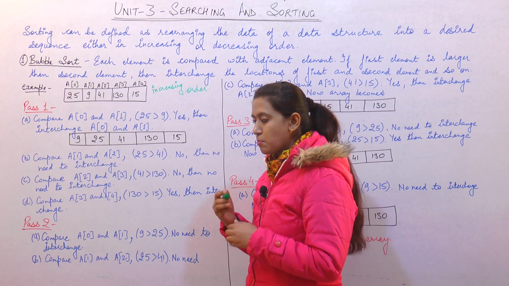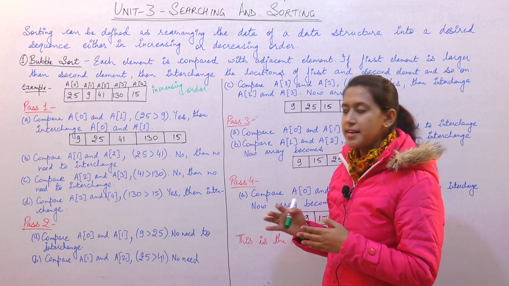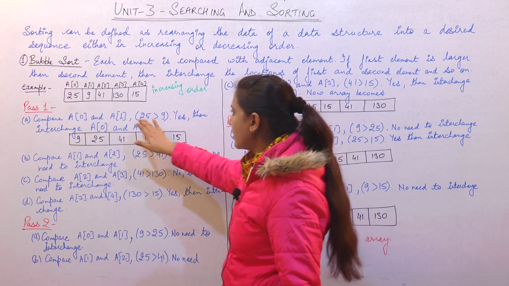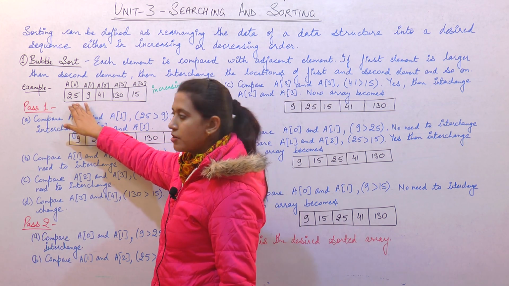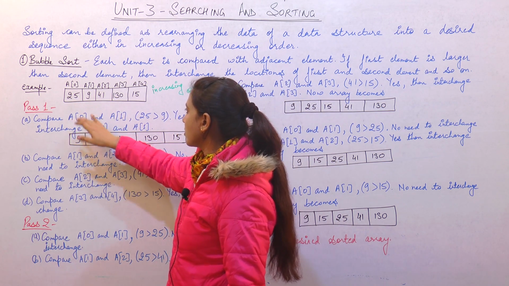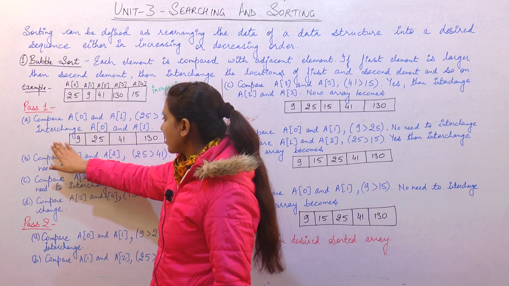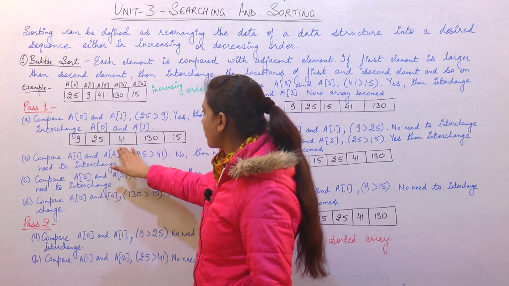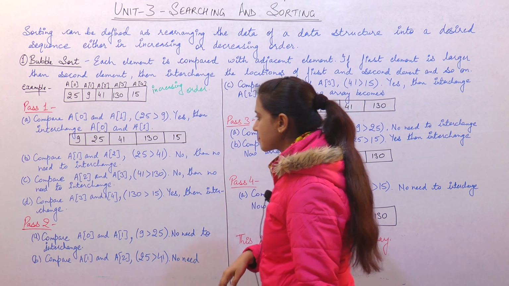That means the smaller value will come before the greater value. So we interchange the position of 25 and 9, and our new array becomes 9, 25, 41, 130 and 15.